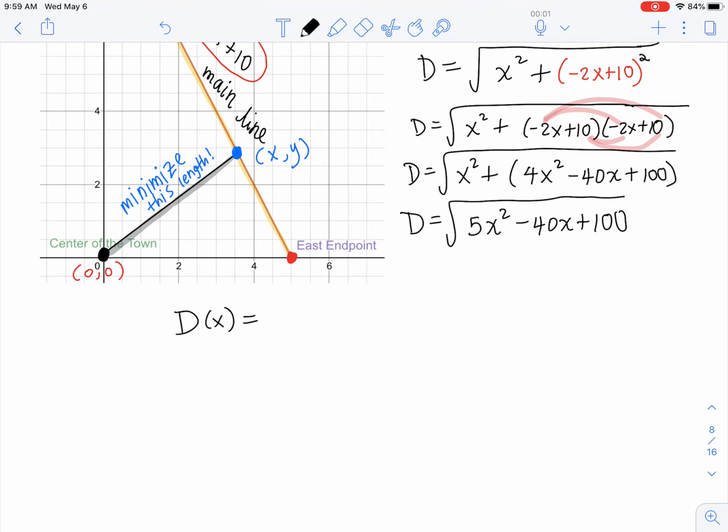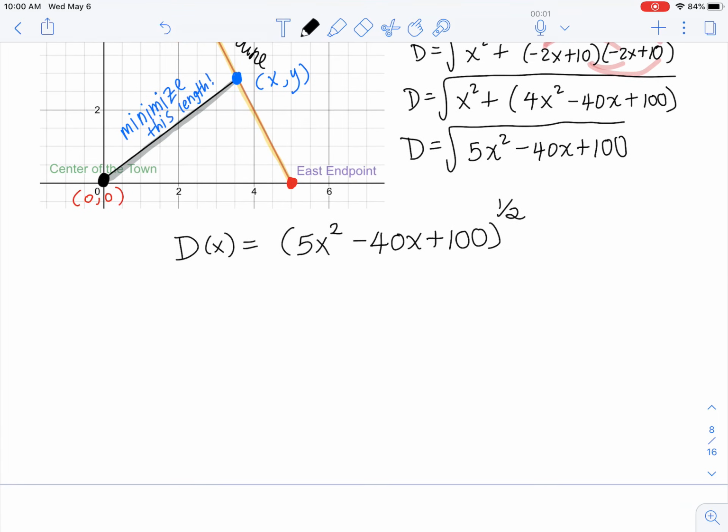And look, the x-coordinate stands for what in our word problem? It's the distance to the east side, right? To the east. So how about I rewrite that square root notation as 5x squared minus 40x plus 100 raised to the what power? 1/2 power.